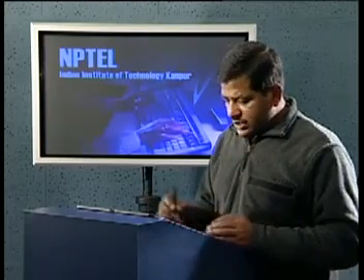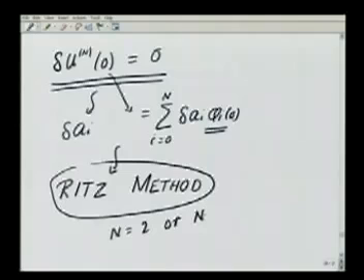So what we'll do in the next class is we'll take n equal to 2 or n equal to 3 with some specific forms of f and p and solve the problems and see what are these coefficients.